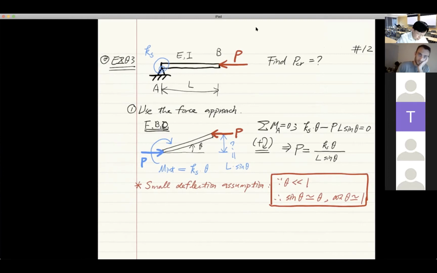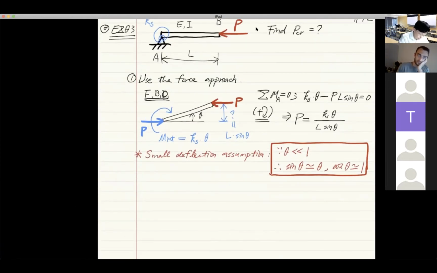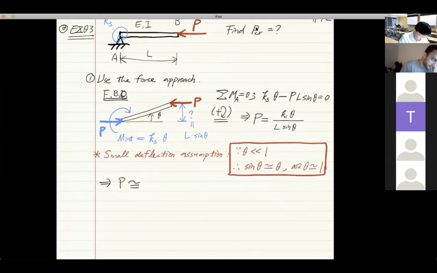Now, after applying this assumption, we have this result. So P can be approximated to this. Ks times theta, L times theta will be approximated to theta, which is this one here. And then this 2 theta will cancel out, right?